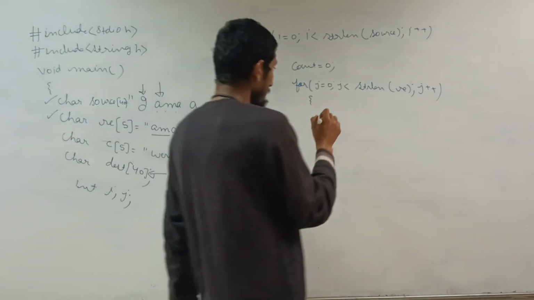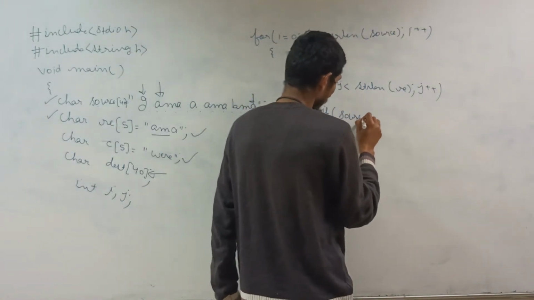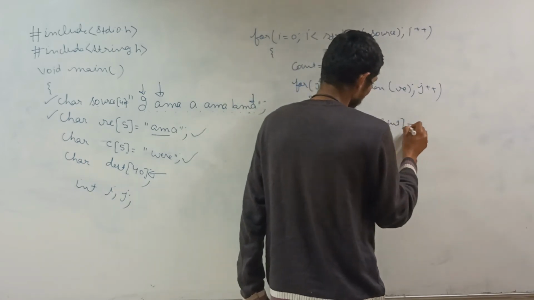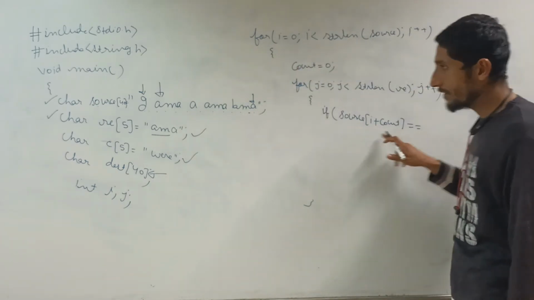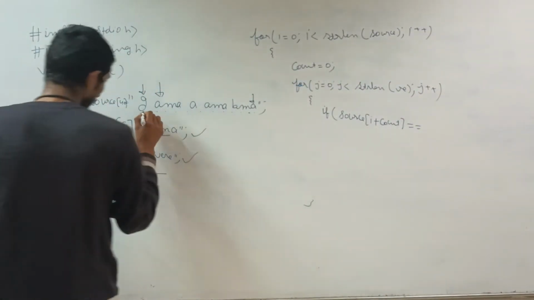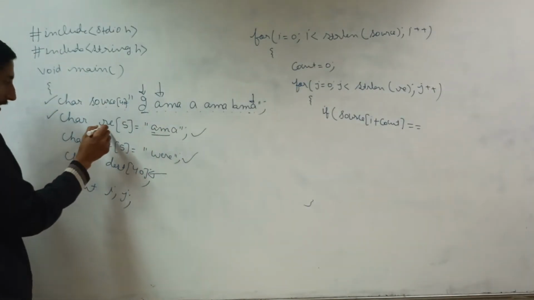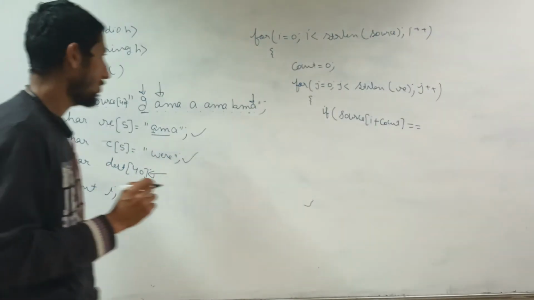So I will check if source of i plus count is matching with which one? Is it matching or not with the substring? I am checking the character with i and a. The name of the string is source of i, that is this one, and re of j.